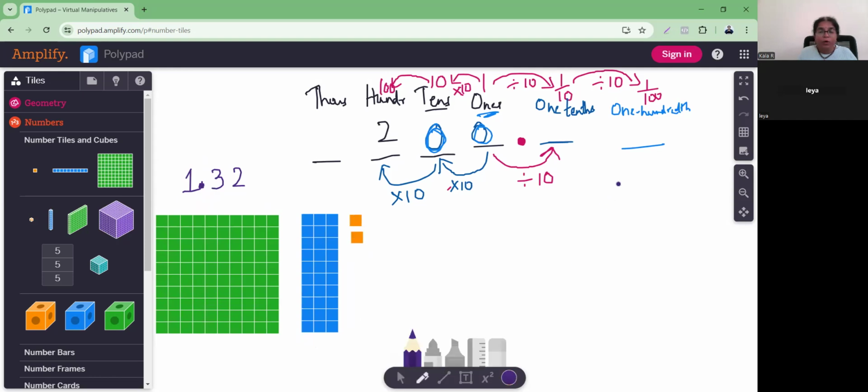And let's take one more number, 1.23. If I have to compare these two numbers, that is 1.32 and 1.23, which one is more?